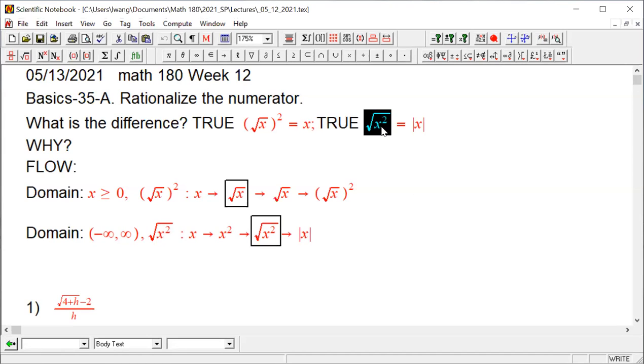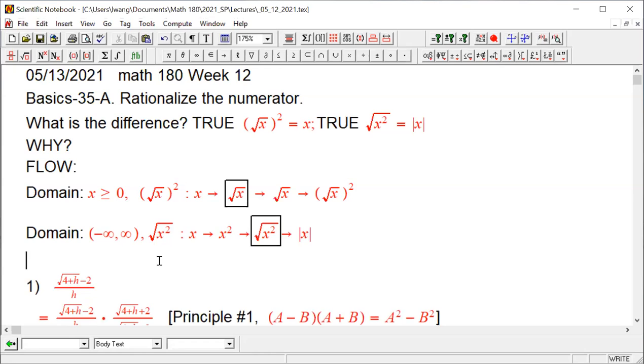So when you deal with this expression, this x can be any real number, but when you deal with this one, x already is greater than or equal to 0 to start with. That's why we have this, and that's why we have this. They are fundamentally different, and it all traces back to function. Do you follow me?